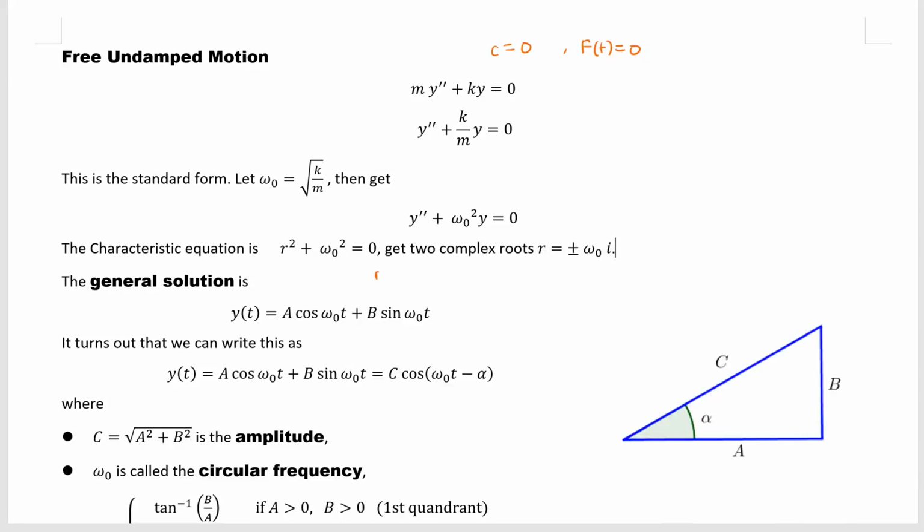When you solve for it, you get r squared equals minus omega 0 squared. Solving for r, plus or minus the square root of negative omega 0 squared. Because omega 0 is positive, we just get plus or minus omega 0 i. So we have 2 complex roots.